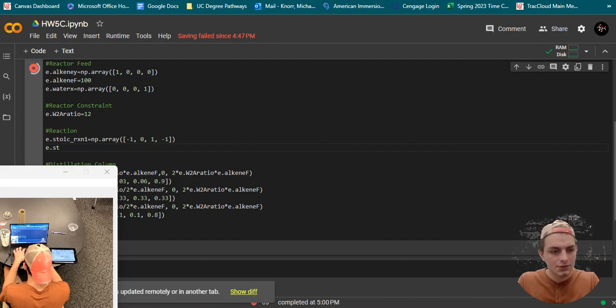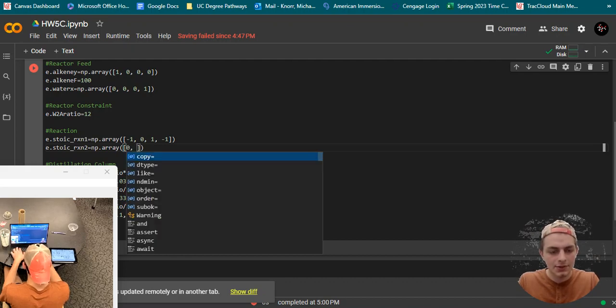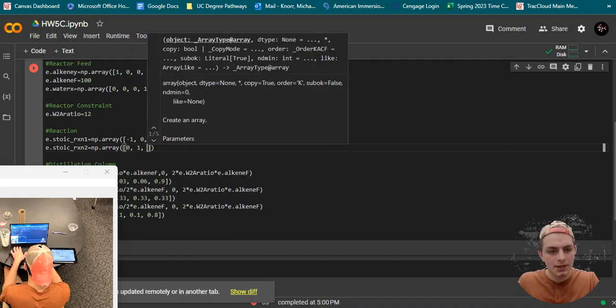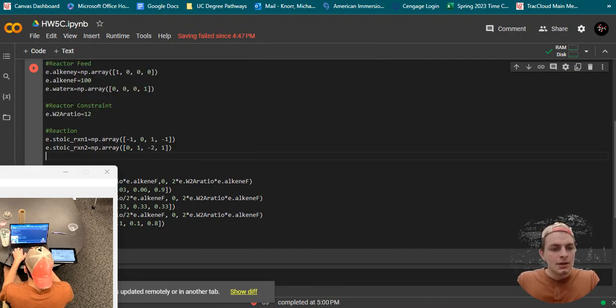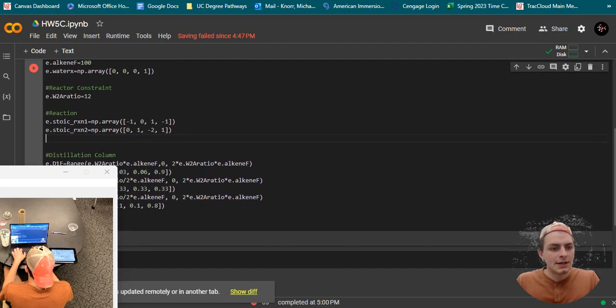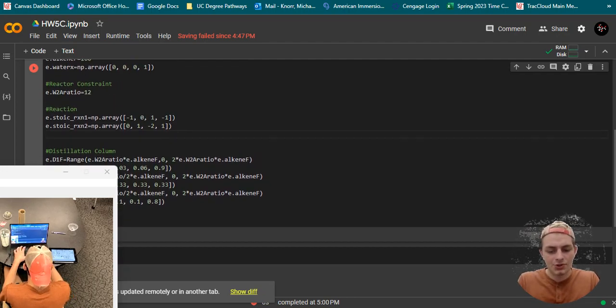Same thing, let's do stoich of reaction 2, which is going to be another array here. This one being nothing to do with propylene, 1 ether, -2 alcohols, and 1 water. So there's our stoichs.